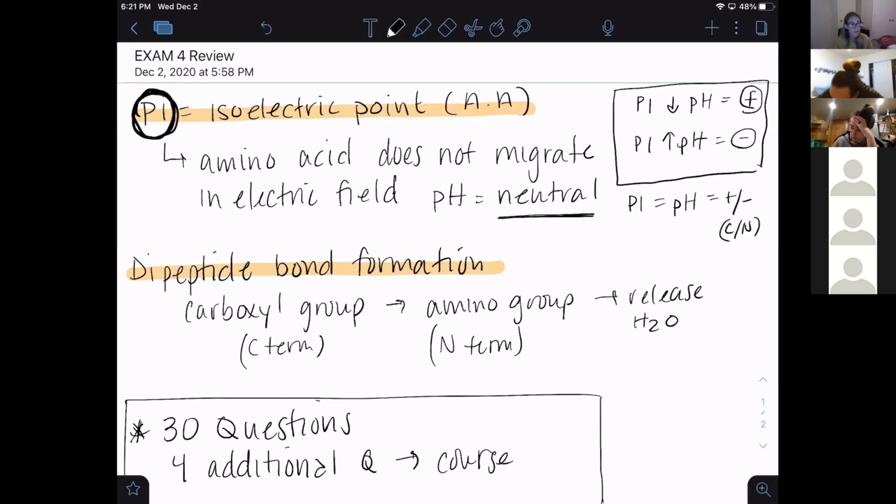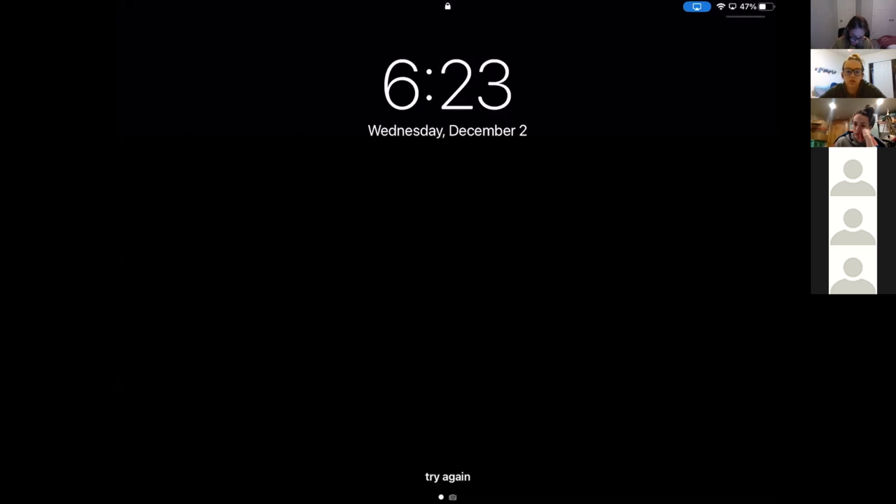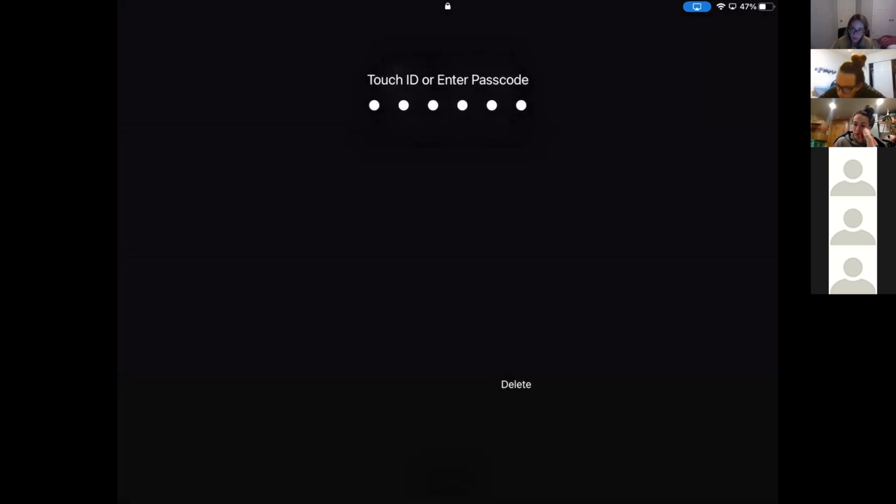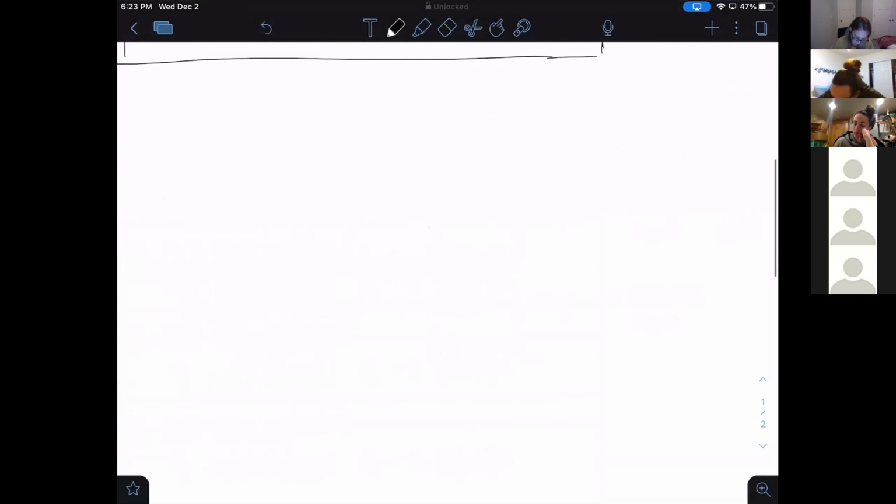Okay. Next question. What type of inhibitor binds to an enzyme but does not bind to an active site? Allosteric. Non-competitive. Okay, let me write these down. Oopsies, lost a little. Okay, so let's talk about inhibitors.